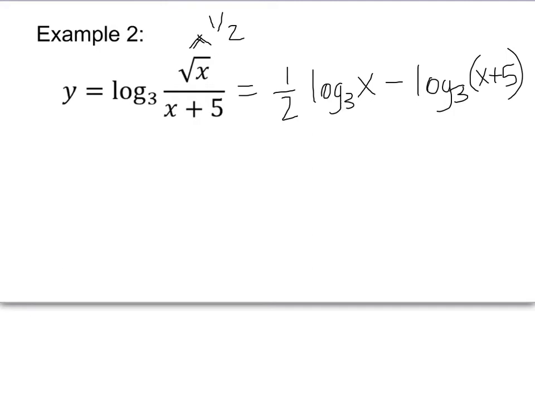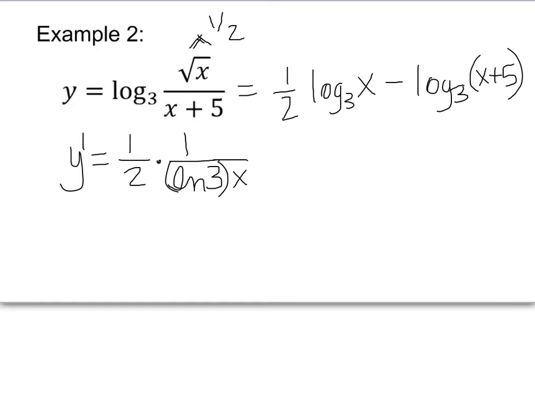Now when we take our derivative, we're going to be able to take the derivative of each part separately, and that's going to be much simpler than trying to use the chain rule and the quotient rule in the original form. Okay, so log base 3 of x. The first part, we've got 1/2 times the derivative of log base 3 of x, and according to our formula, it's 1 over the ln of our base, which is 3, okay, times the x.